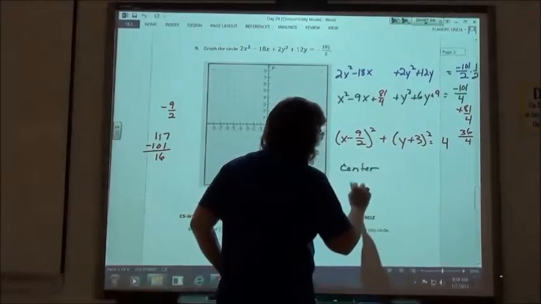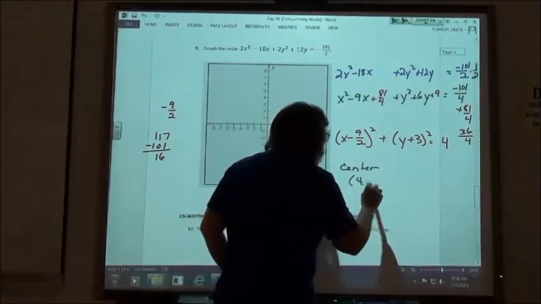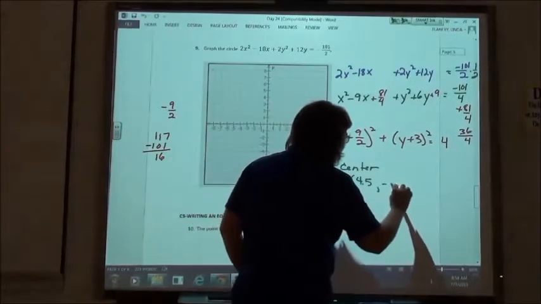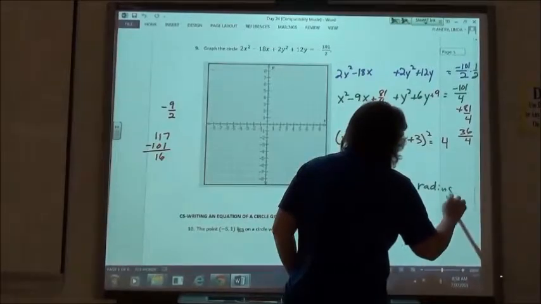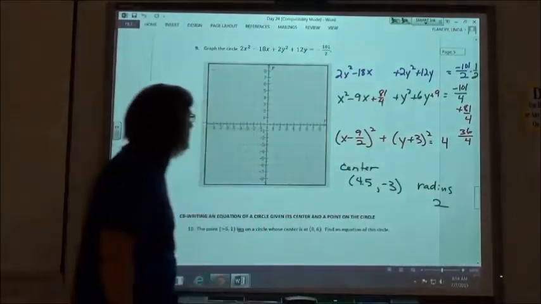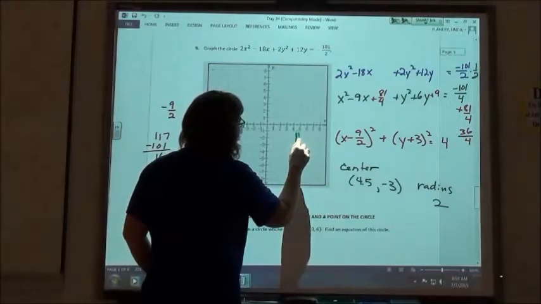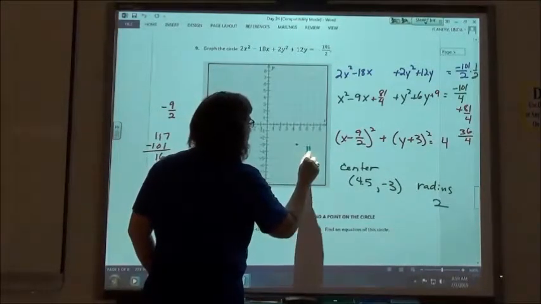So my center is going to be at 9 halves, 4 and a half I should say, 4.5 and negative 3. My radius is going to be 2. So 4.5 and negative 3, 1, 2, 3, and then my radius is 2.